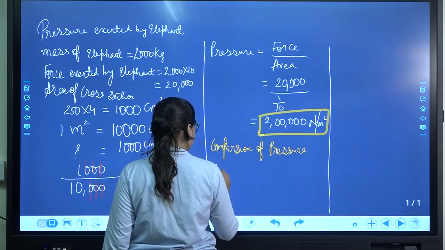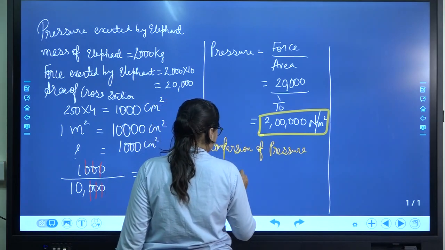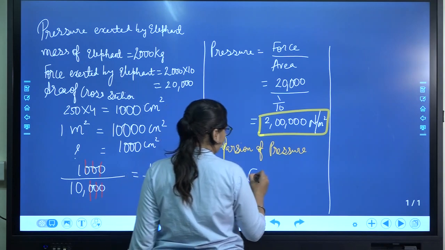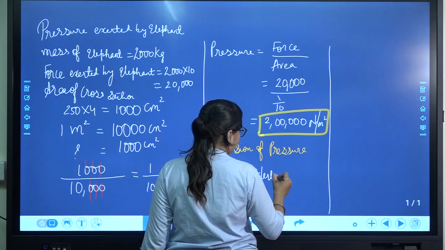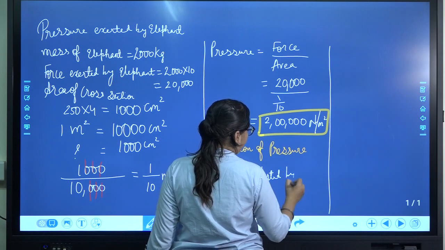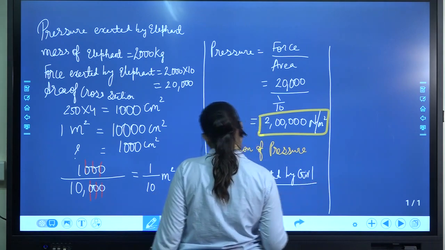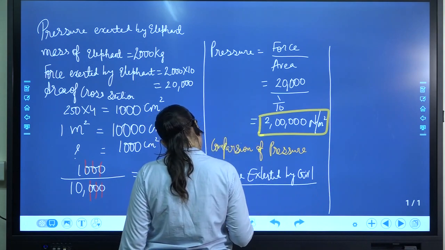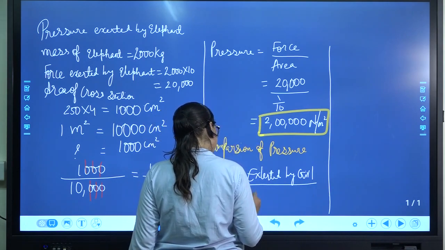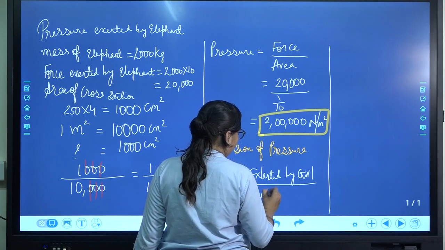Pressure exerted by girl divided by pressure exerted by elephant.